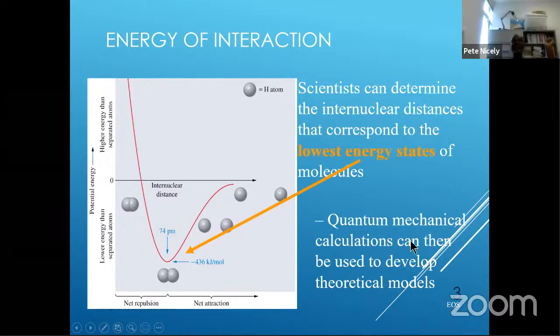In fact, quantum mechanical calculations can be used to develop theoretical models to delve more deeply into the actual behavior of the atoms, or the molecule itself. I need to say that because the model used to explain this graph considers the two atoms to be spheres connected by a bond which has a spring-like behavior.